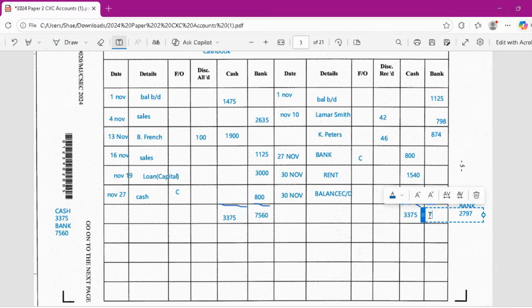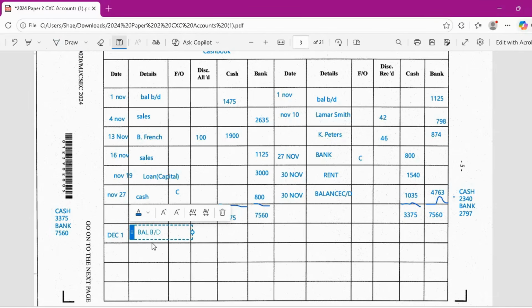Now please note that the question told you to carry these amounts to the 1st of December. So you have to make note of that. Always read your instruction before you start to answer the question so that you know what to do. This allows you to get full marks.